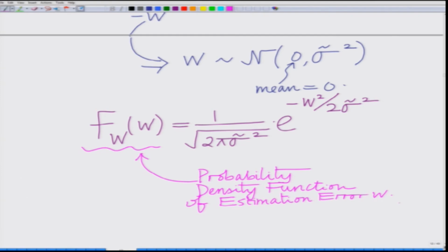All right. So, we have the probability density function, which is characterized by the Gaussian random variable with mean 0 and variance sigma tilde square. Okay. So, what we have done in this module so far is start to develop a framework to characterize the reliability of the MMSE estimate for this scenario of Gaussian parameter estimation, where the parameter h and the observation vector y bar are jointly Gaussian.